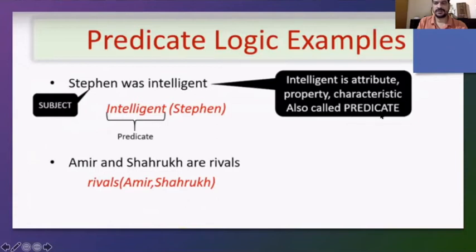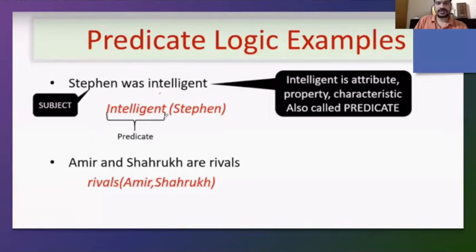It is also called predicate. So you can see that there is a subject, which is also called object in the sense of predicate logic, and here we have the attribute or the property of this particular subject.